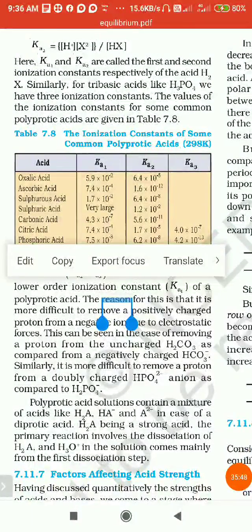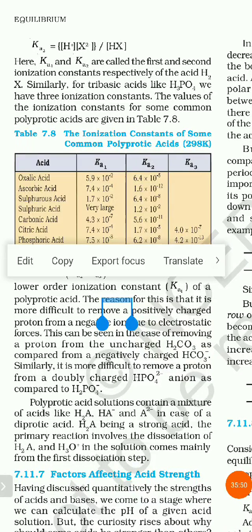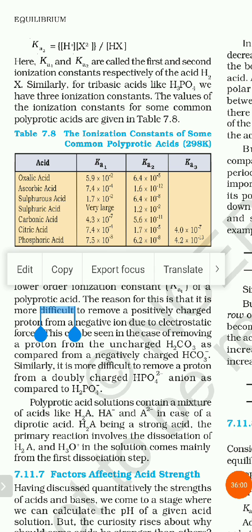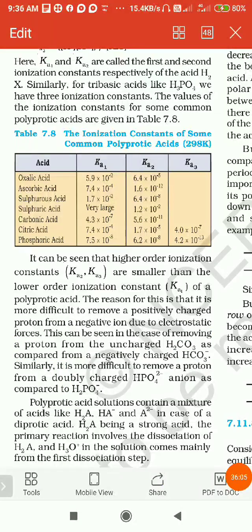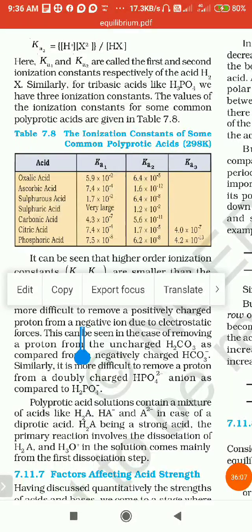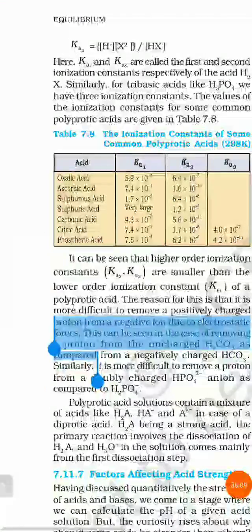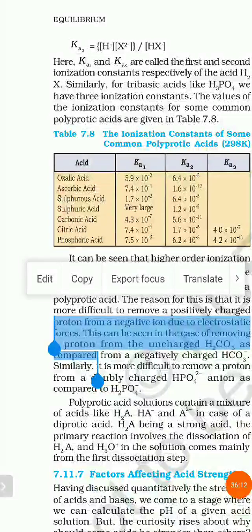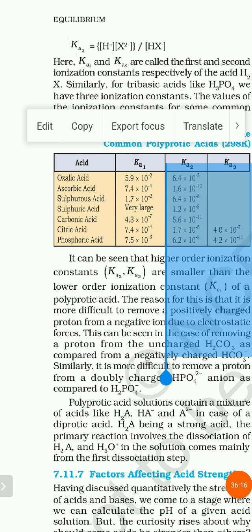Why are the dissociation constant values Ka2 and Ka3 much lower? The reason is that it is more difficult to remove a positively charged proton from a negatively charged ion due to the electrostatic forces. Keep this in mind. So Ka2 and Ka3 values are lower because the central atom holds very strongly through electrostatic force.